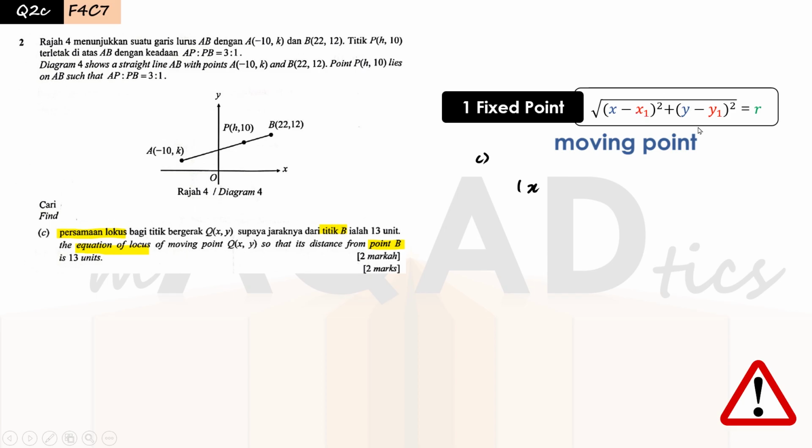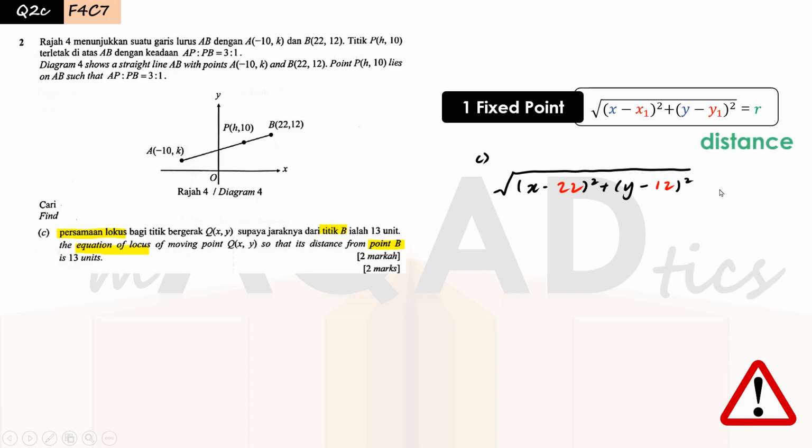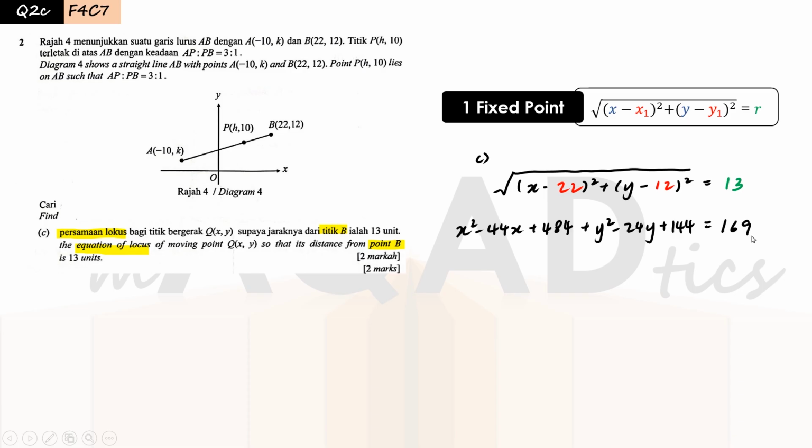The x1 and y1 will be our fixed point, B's coordinates, which are 22 and 12. So I subtract them, square them, add them up together, and square root. And for the right side, you need to put equals to 13. Later on, it will be just mathematical calculation. So the square root here moves to the other side to square the number, so it will be 169.